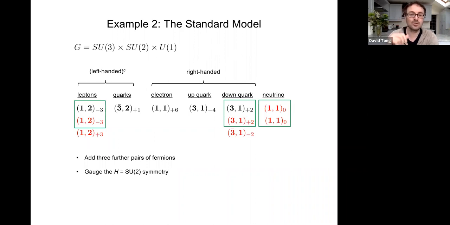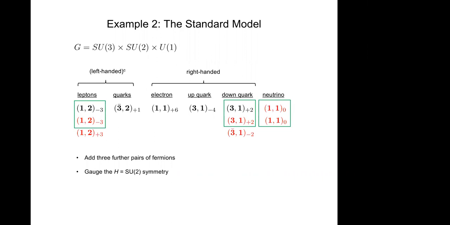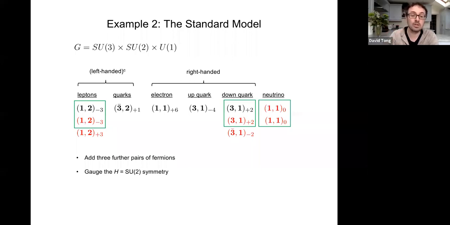Now, as I've gauged this, I should also add some scalars, which are going to Higgs the SU2 and make everything heavy. If I just repeated what I did in the previous example, I would uncondense those scalars, give them a big mass, and I would be forced to try to understand the strong coupling dynamics of SU2 gauge theory coupled to 6 doublets.